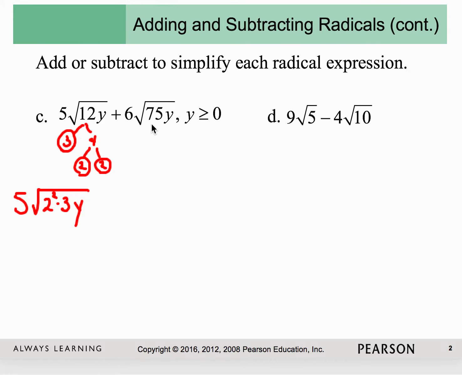All right, 75, I can make 3 times 25, and then that's 5 times 5. Okay, so plus 6 square root of 3 times 5 squared times y.